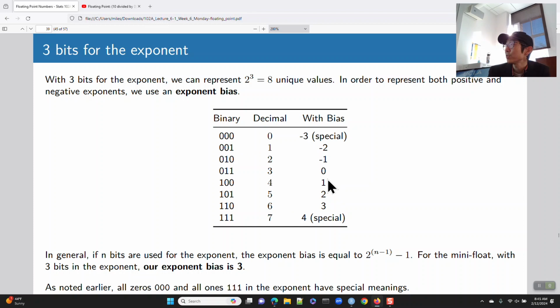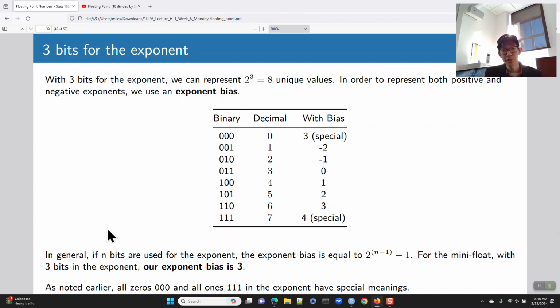So we say we have a bias of 3, because going from 6 down to 3, we have to do 6 minus 3. To go from 1 to negative 2, we have to do minus 3. Basically, we're taking the decimal number and subtracting off a 3 to get the corresponding exponent.